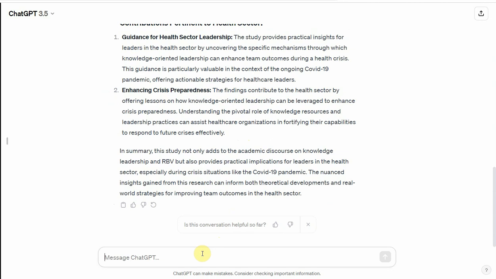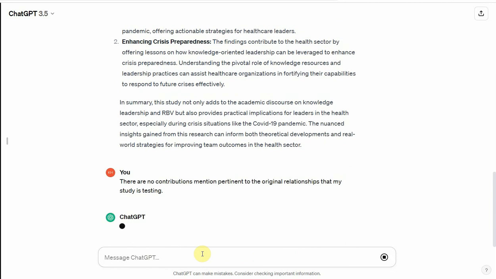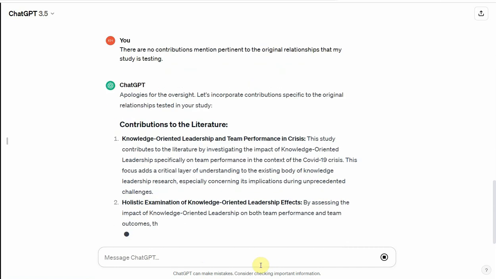Let me ask ChatGPT. There are no contributions mentioned pertinent to the original relationships that my study is testing. So I'm asking ChatGPT, where are my contributions pertinent to the original relationships that I have provided?